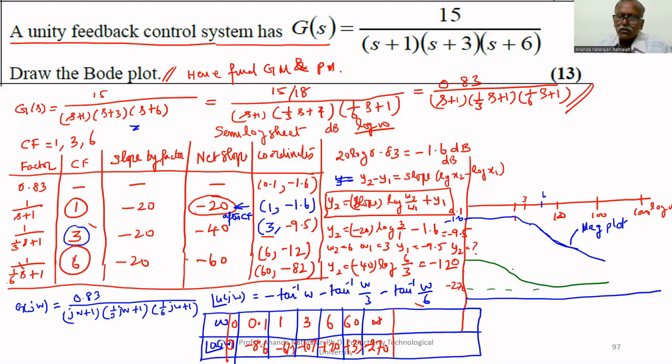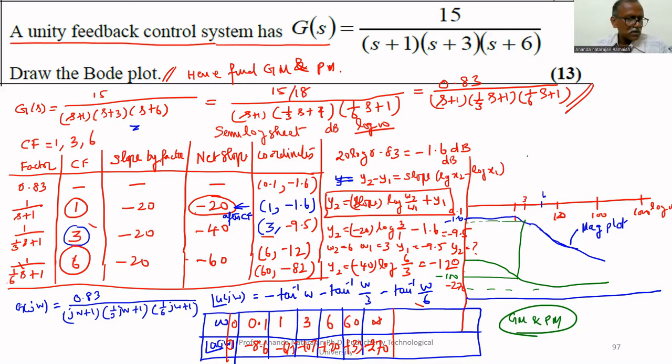Now, in addition to that, we are going to find the gain margin and phase margin. It is not asked in the question, but let us include it. To find the gain margin, we have to draw a horizontal line at minus 180 degree. Draw a vertical line where it cuts. Find the magnitude.